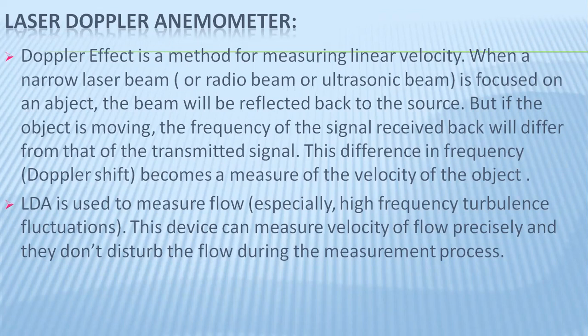A laser beam, radio beam or ultrasonic beam is focused on an object, and the beam is reflected back to the source. But if the object is moving, the frequency of the signal received back will differ from that of the transmitted signal. This difference in frequency, the Doppler shift, becomes a measure of the velocity of the object.